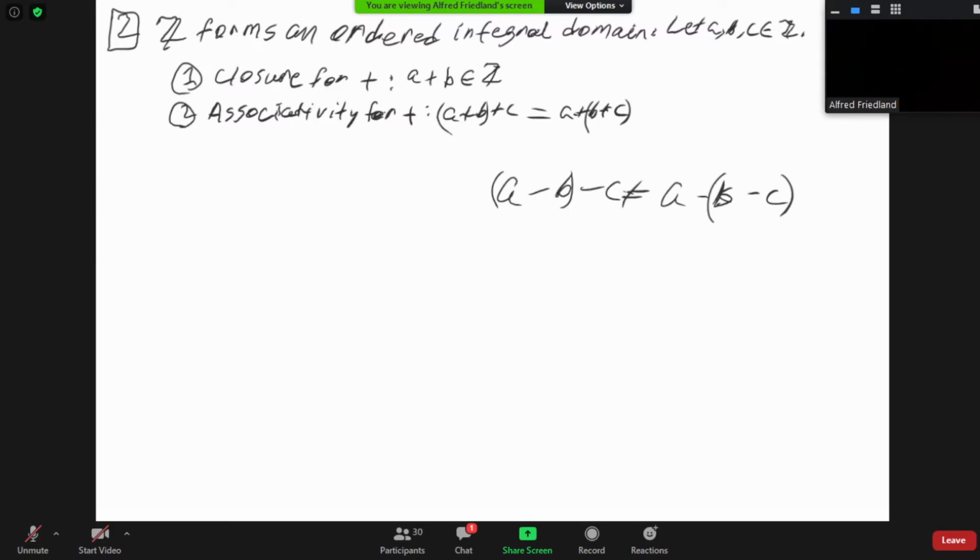I can't put an equal sign there. But as we said Tuesday, or maybe last Thursday, to disprove something, all you need to do is come up with a single counterexample. So why don't you do that and make sure you see that subtraction and division are not associative. So let me get rid of this.